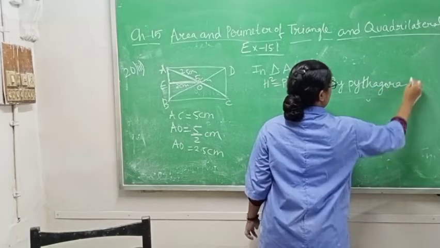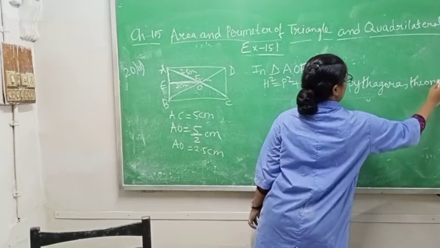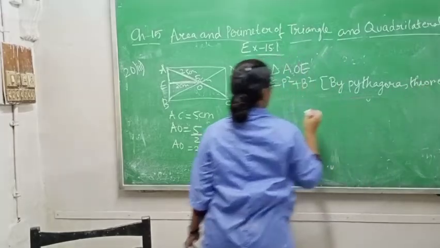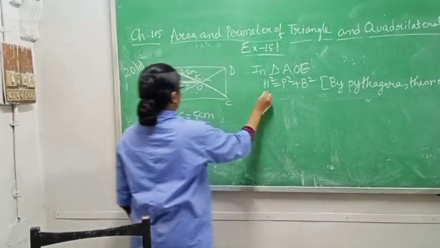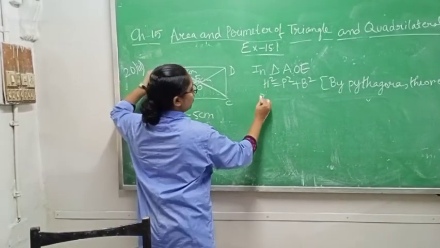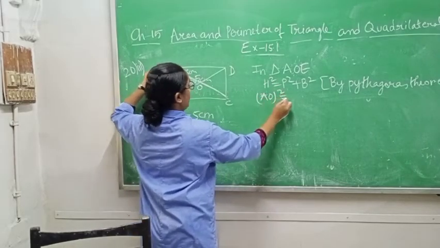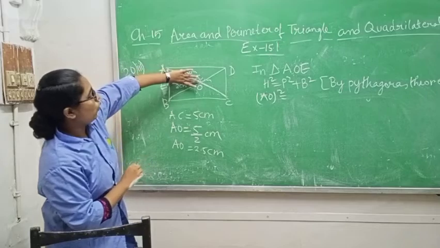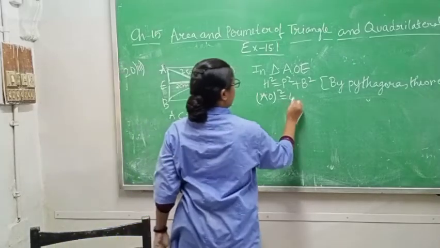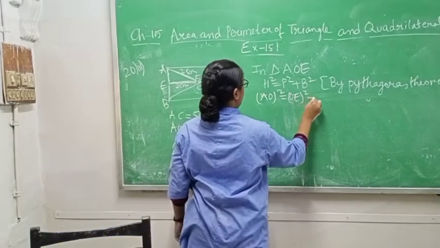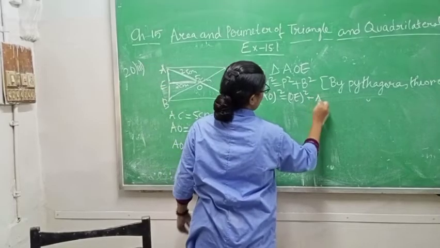Okay. Now H is AO. First write AO square. P is OE. So you will write OE whole square. And base is AE.